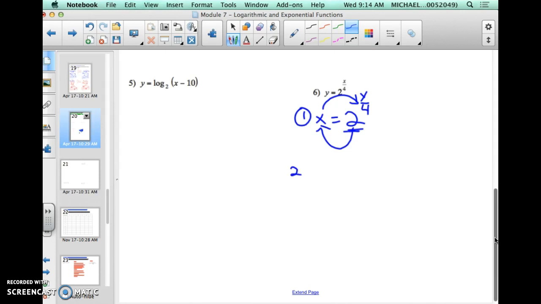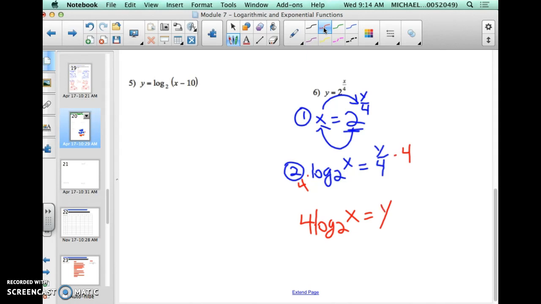So if I write that now, log base 2 of x equals y over 4. And I'm still isolating the y value, getting that by itself. And so in this case then, I have to multiply each side by 4. Alright, and so now I have 4 log base 2 of x equals y.